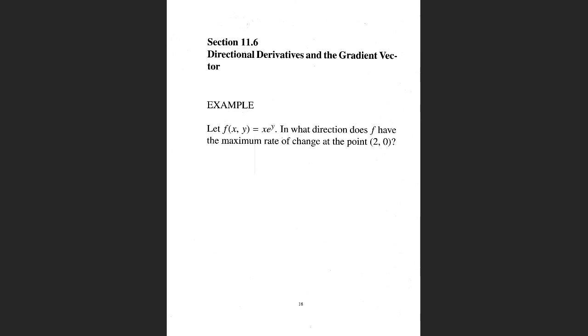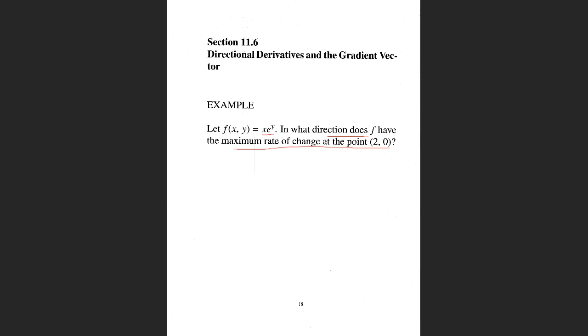Okay, so now here we have a function, x times e to the y-th power. In what direction does this function have the maximum rate of change at the point 2, 0?